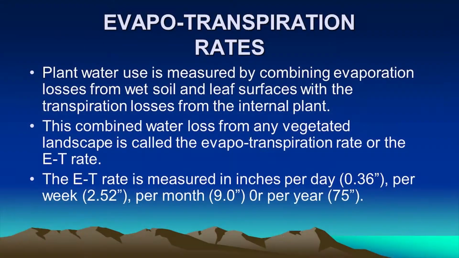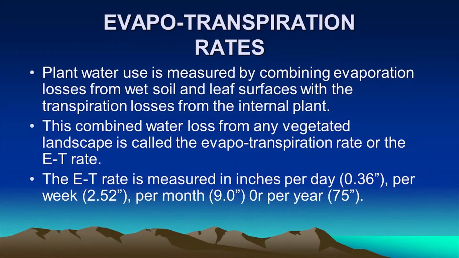And if the sponge is saturated and we squeeze it, it may turn around and rain or snow. It's all the atmosphere. So for plant water use, we combine evaporation losses from the wet soil and the leaf surface with transpiration, and the combined water use from any vegetated landscape is called the evapotranspiration rate, or the ET rate.